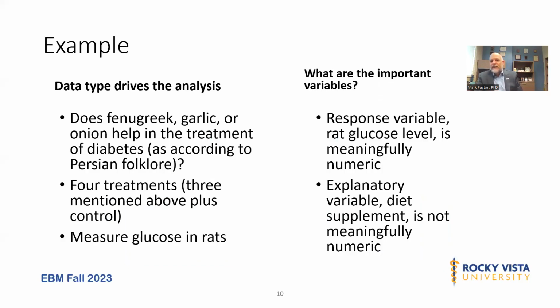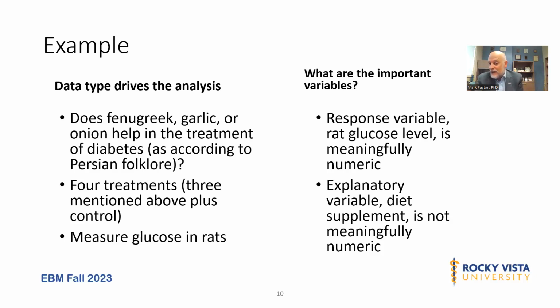So here's an example. All right, so I asked a question here. Does fenugreek, garlic, or onion help in the treatment of diabetes, as according to Persian folklore? All right, so we're going to do an experiment where we have 4 treatments, the 3 mentioned above, plus control. And we're going to apply these compounds to rats and then measure their glucose levels. All right, so the important variables: the response variable is the rat glucose level.